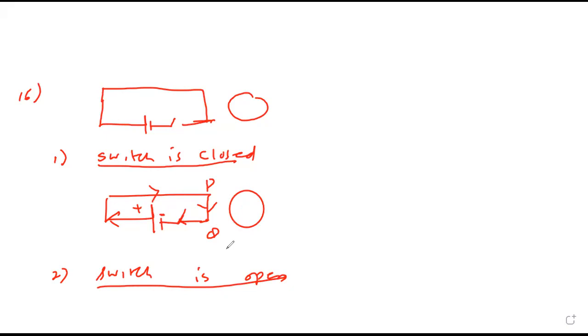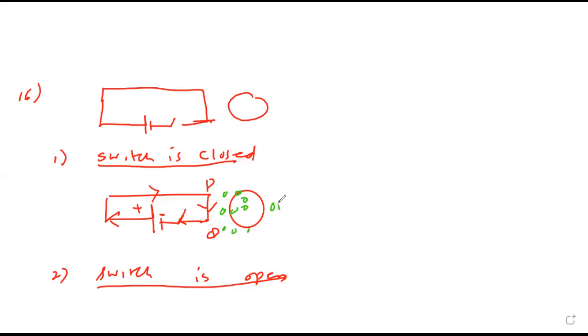By right hand thumb rule check. What is direction of field? Outward. I'm holding pen in my hand, thumb downward, left side say in, right say outward. Perfect. So this is coming outward.